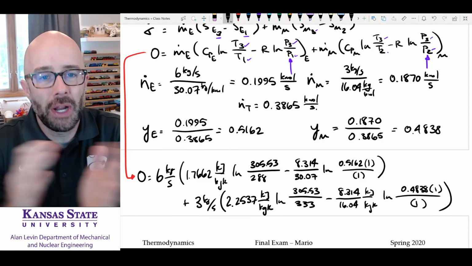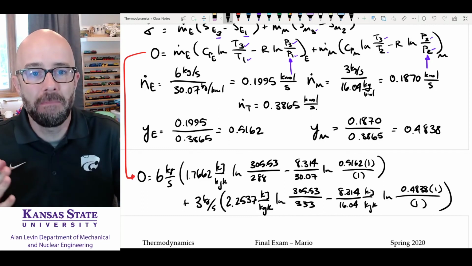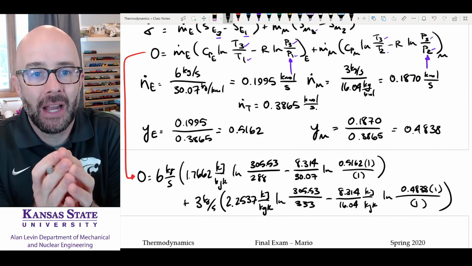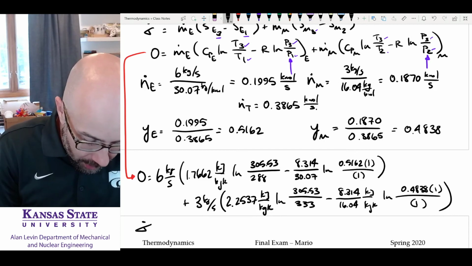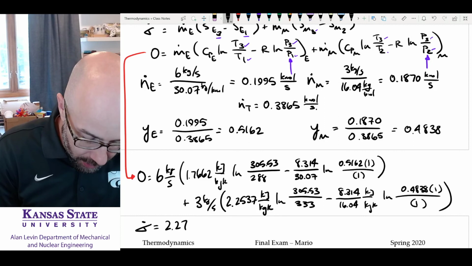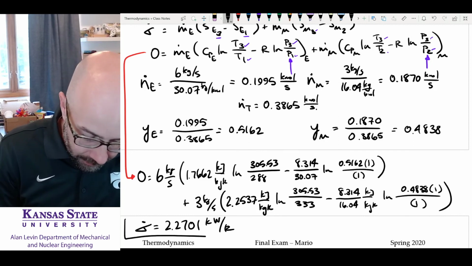Notice this partial pressure, total pressure thing is important for you to understand, because we are mixing something. It's coming in as two separate streams and coming out as a mixture. That changes things completely. And when we find our sigma dot, it's going to be 2.2701 kilowatts per Kelvin.